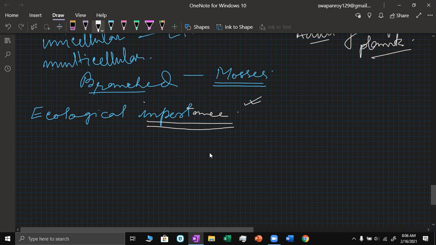And this sphagnum has some special use. Sphagnum has a bit of antibiotic property.